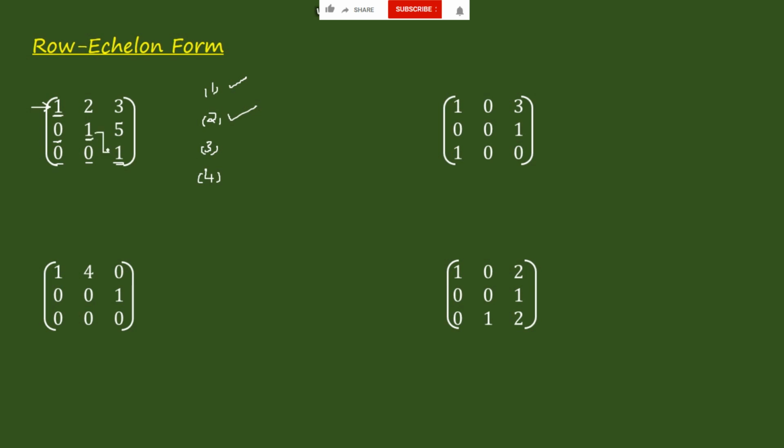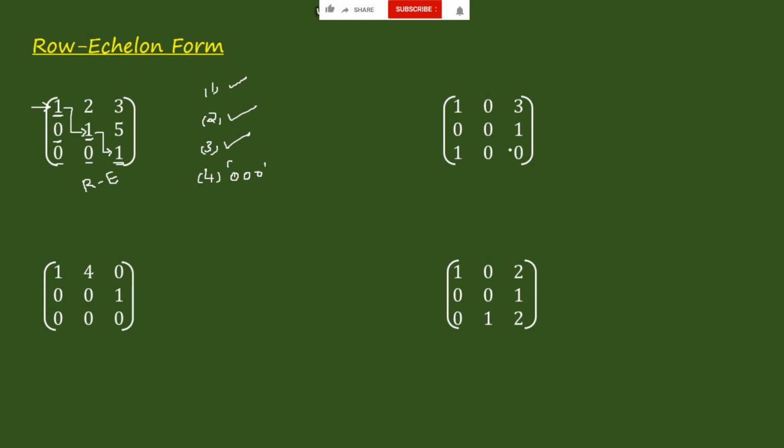So this is to the right of it, and this leading one is also to the right of the other leading one. So the third is satisfied. The fourth is that all zero rows should be at the bottom of the non-zero rows. It does not have any, so this matrix is in row echelon form.